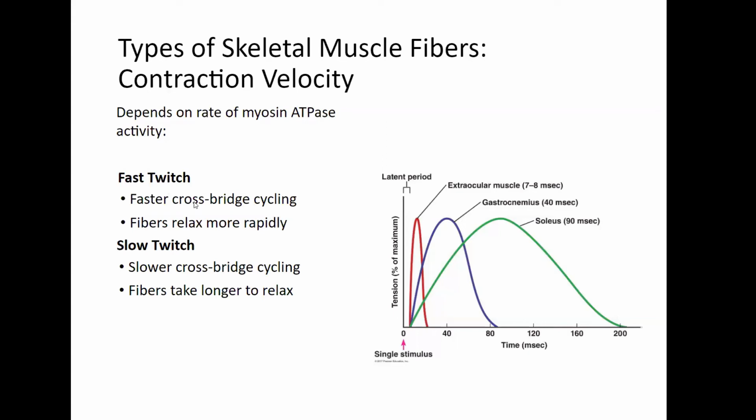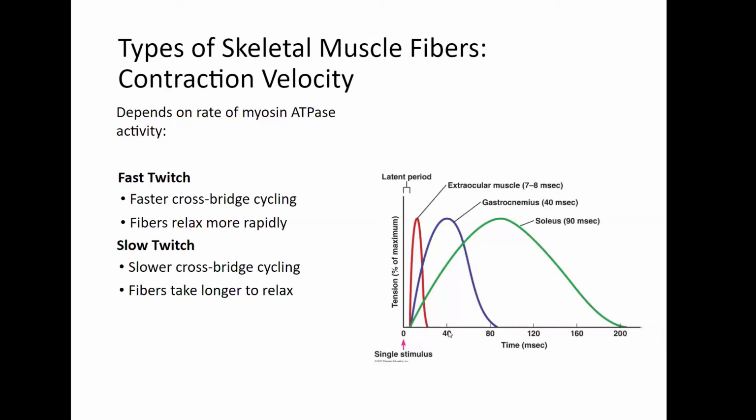Our fast twitch fibers are able to do the cross-bridge cycling more quickly because they have this fast myosin, and these fibers are also going to relax more quickly. In contrast, our slow twitch fibers cross-bridge cycle more slowly because they have this slow form of myosin, but it also means they're going to take longer to relax. In different types of muscles, we're going to see different balances of fast and slow twitches.